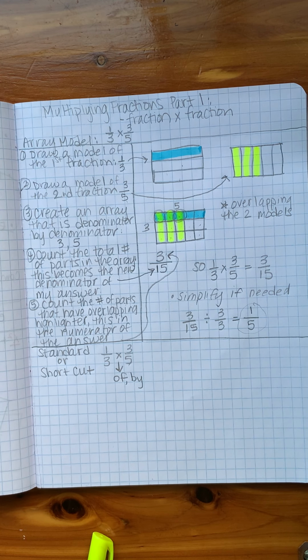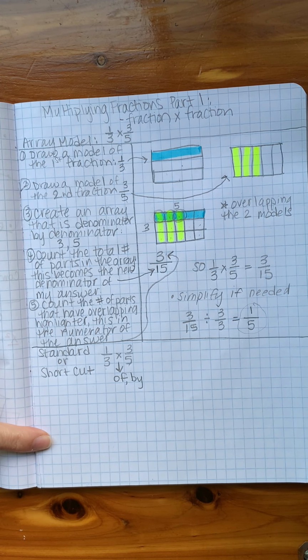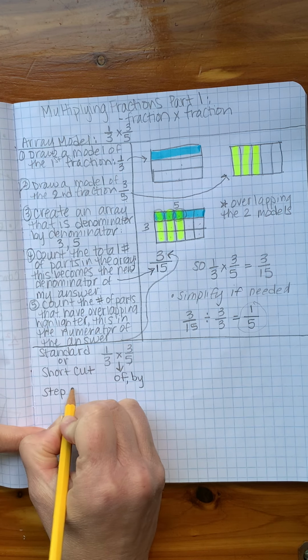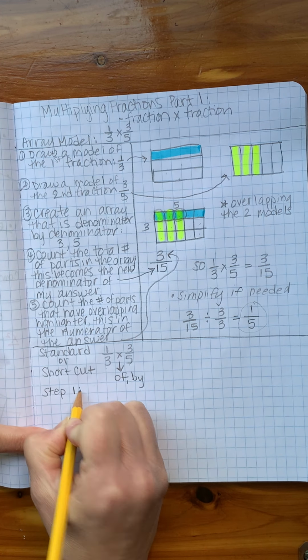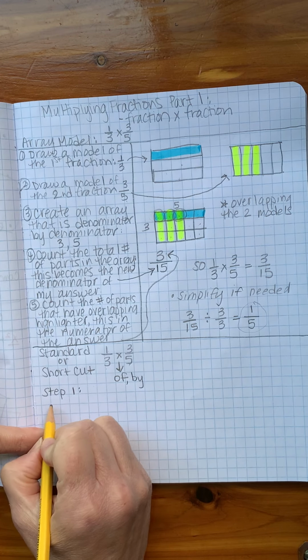Okay, so what I'm going to show you is the standard, and this is really quite simple. Step 1 is to multiply the numerator by the numerator.